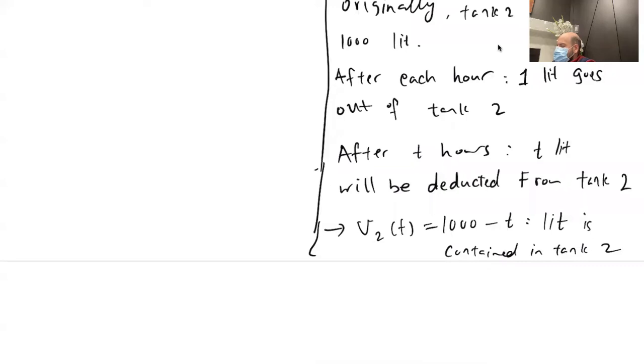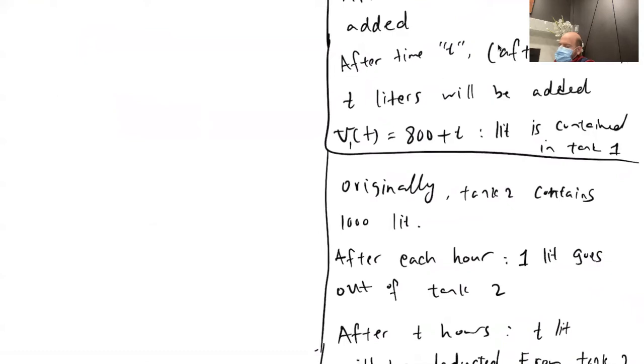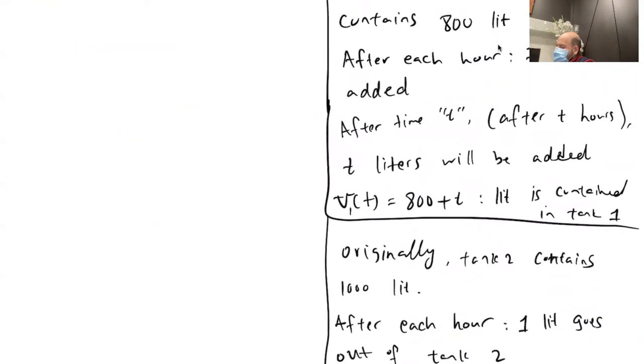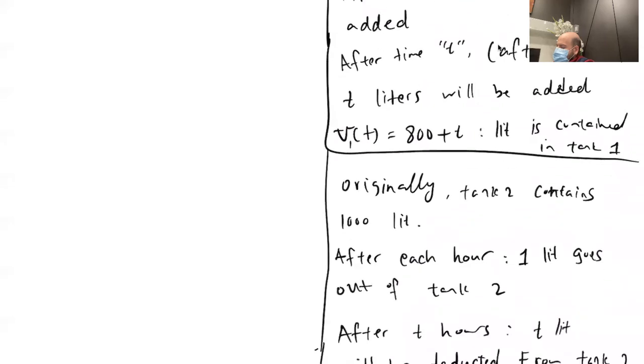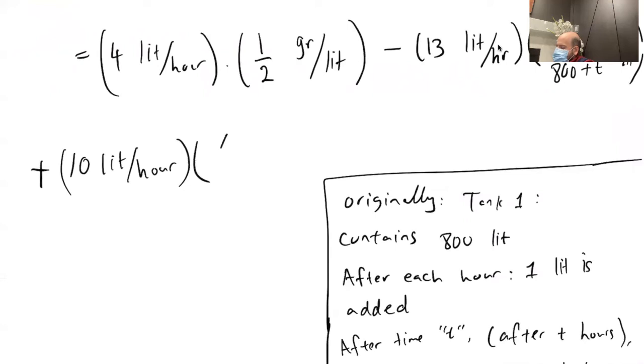That's the amount of salt water we have after time t. So 1000 minus t liters will be contained in tank 2 after time t. In order to find the concentration, I just need to divide these two numbers, the amount of salt in grams and the amount of salt water in liters. So x2 of t divided by 1000 minus t, grams per liter.